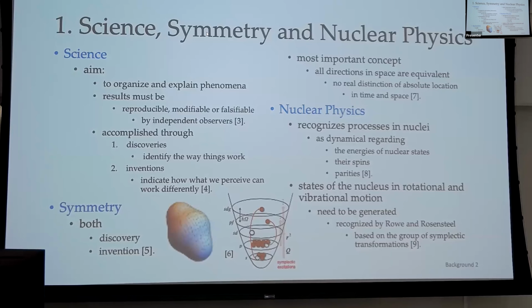Nuclear physics recognizes processes in nuclei as dynamic regarding the energies of nuclear states, their spins and parities. And states of the nucleus in rotational and vibrational motion need to be generated. And this was recognized by David and George Rosenstiel, and based on the group of symplectic transformations. And you saw that Christina had these nice little drawings.